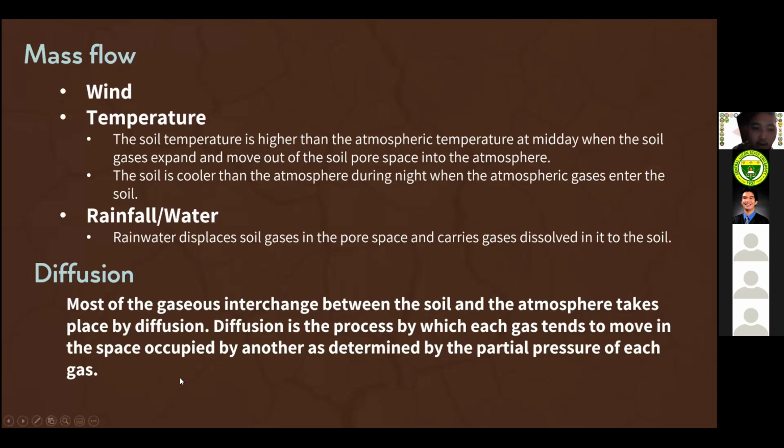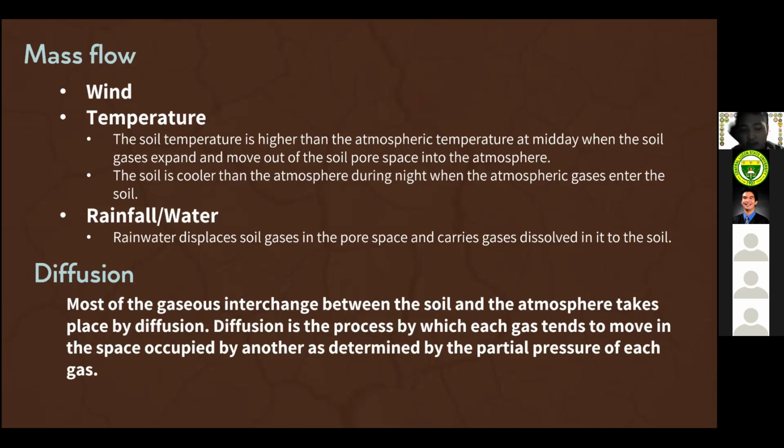Then another way na nagkakaroon ng exchange ng air sa soil air at saka sa atmosphere is through diffusion. So most of the gaseous interchange between the soil and the atmosphere takes place by diffusion. Karaniwan, ito yung nangyayari sa soil natin. Diffusion is the process by which each gas tends to move in the space occupied by another as determined by the partial pressure of each gas.